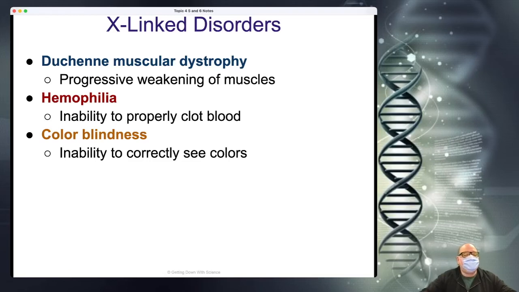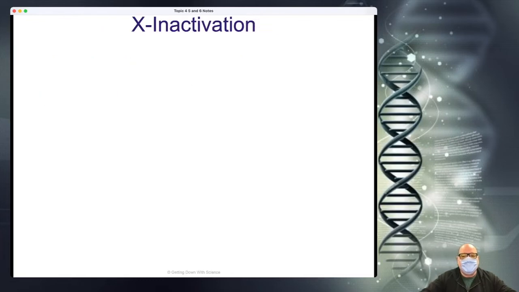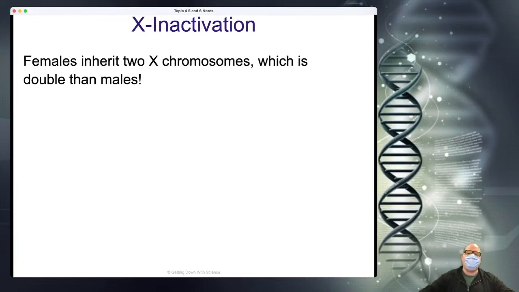All right, let's look at some other interesting things about sex-linked chromosomes. In women, we have to do something to one of their X chromosomes. Women inherit 2 X chromosomes, so you have double the amount of X that males do.